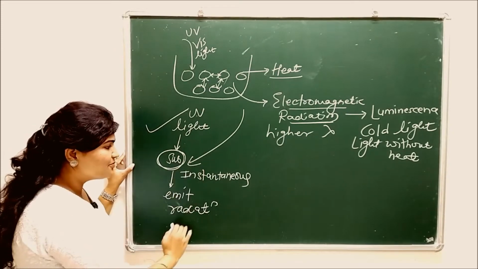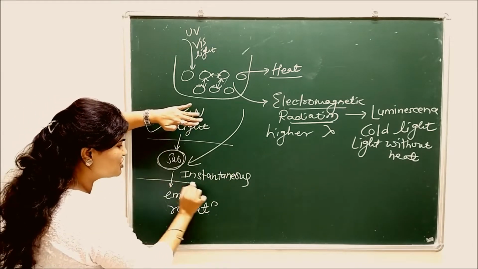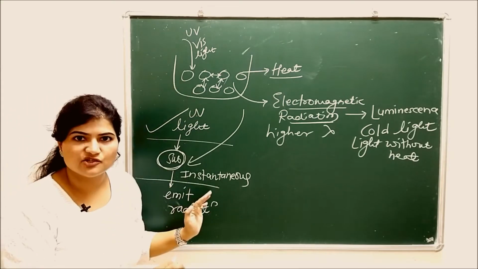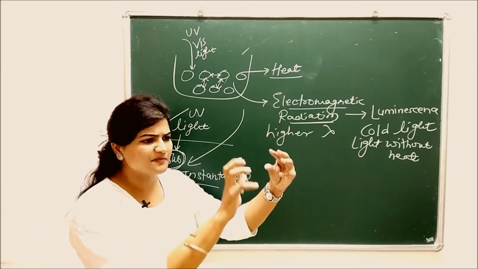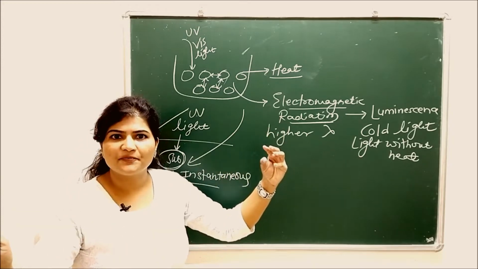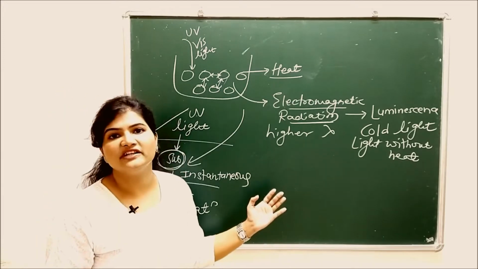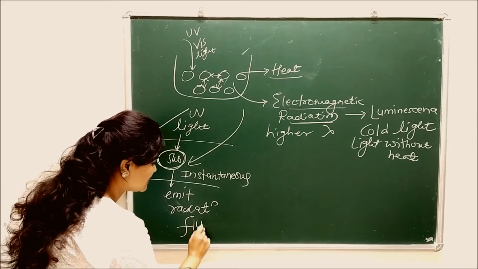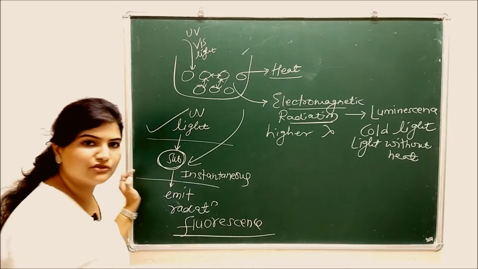And as soon as you cut this source, this emission of radiation will also stop. So this is an instantaneous process. It happens immediately. You start irradiating a substance, it will start to emit the light. You stop the irradiation, the emission of radiation will stop. This process is referred to as fluorescence.